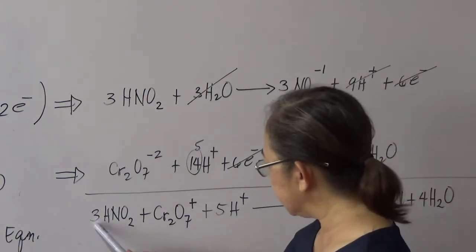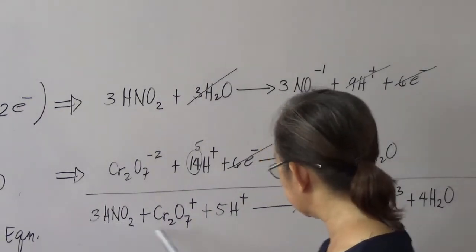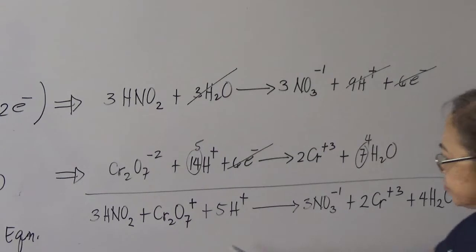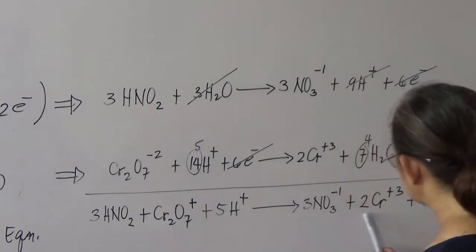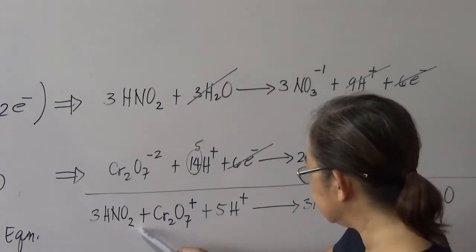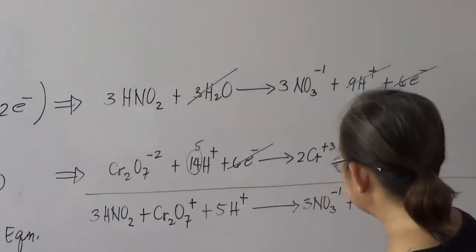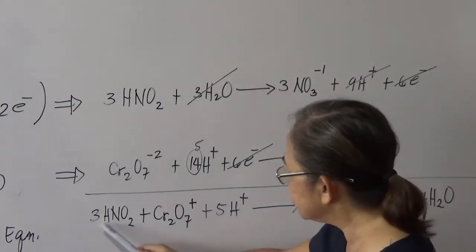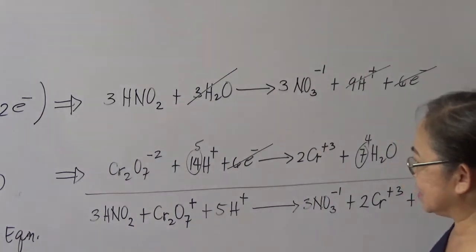For nitrogen, you have 1 times 3, 3. On the other side should be also 3. So you have 3. Chromium, you have 2. The other side, 2. Oxygen, you have 2 plus 7, 9. On the other side, you must have also, no, it's 2 times 3, 6.